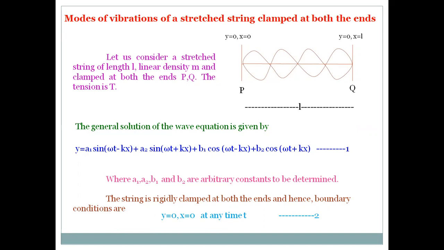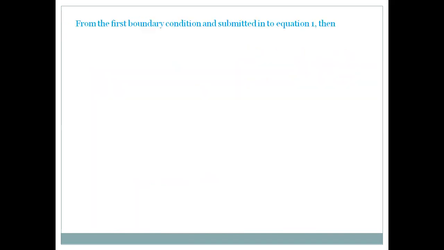So when we apply the first boundary condition in equation 1, we get a1 sin omega t plus a2 sin omega t plus b1 cos omega t plus b2 cos omega t is equal to 0, because y is equal to 0 and x is also 0.